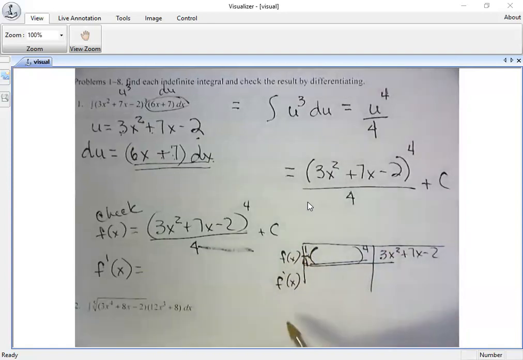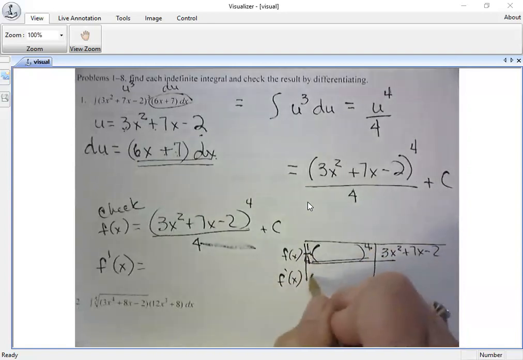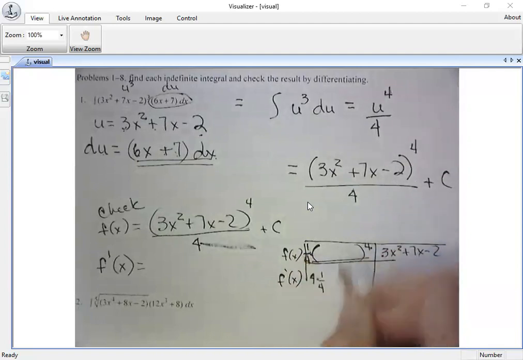So now when I differentiate, what do I do with this exponent? Bring it in front, and that would become 4 times 1/4 that was already there. And then my parentheses is now going to be raised to what power? 3. And inside that parentheses is the 3x squared plus 7x minus 2.